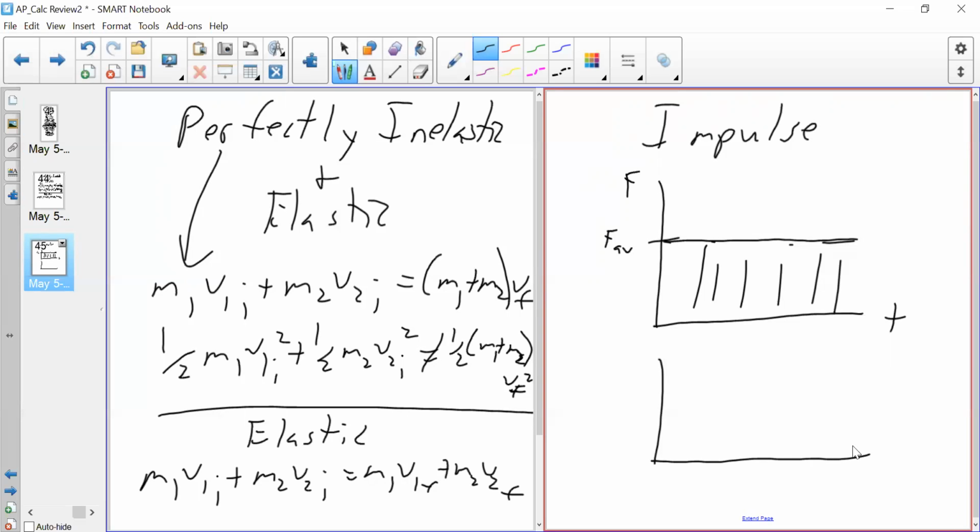Like when you are hitting a baseball with a bat, that initial point of contact is going to be very small, and then as you go through the swing, the force is going to peak, or the contact is going to be maximized, if you will. And then as you complete the swing, the baseball starts to leave the bat, and so the force goes back down as the ball starts to travel away.